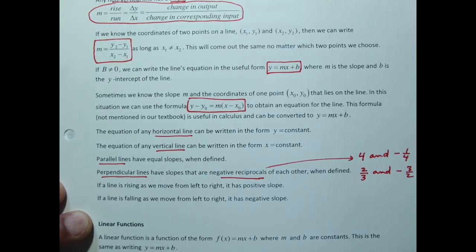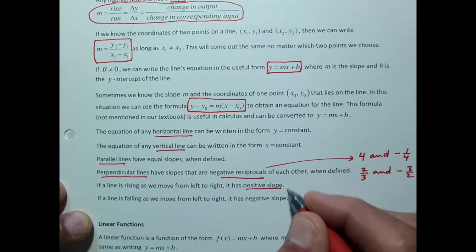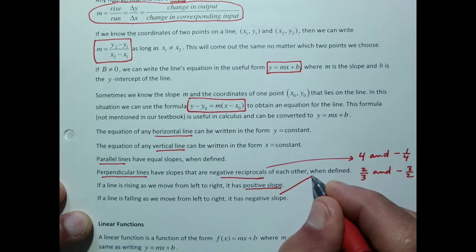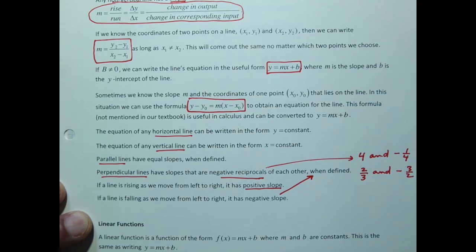If a line is rising as we move from left to right, it has positive slope. So rising from left to right, I think of as looking sort of like so. So there's an example of a positive slope line. If a line is falling as we move from left to right, it has negative slope. So a line with negative slope is going to be kind of pointing in a direction like so.